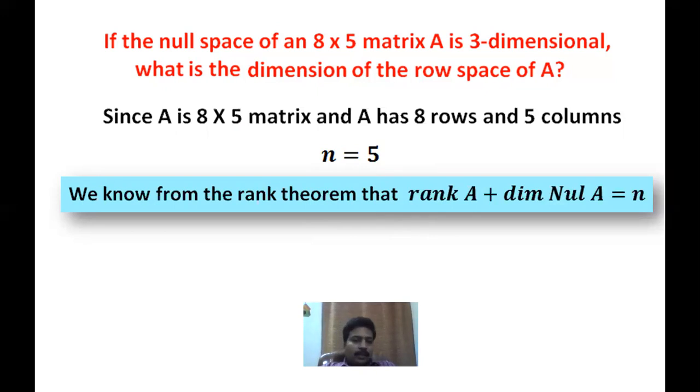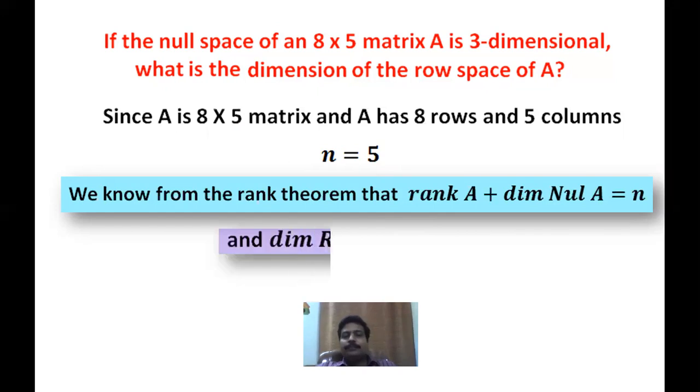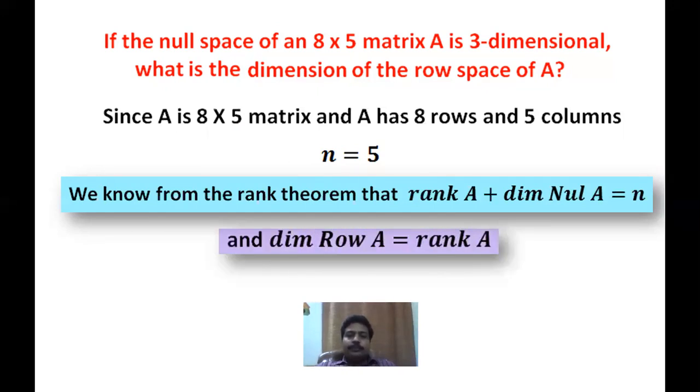And we know from the rank theorem that rank A plus dimension of null A is n. And further, we know that dimension of row space A, which we want in this problem, is nothing but the rank of A.